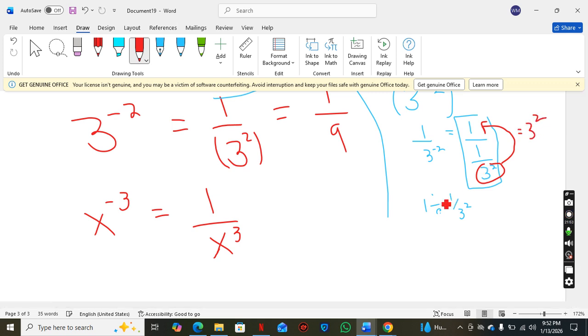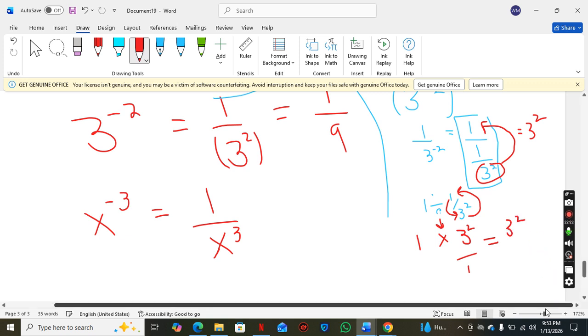If you divide it like a fraction, remember when you're dividing fractions, the sign changes from division to multiplication. And when the sign changes from division to multiplication, the denominator comes on top and the numerator comes down. So the same as 1 times 3 squared over 1, which will give you 3 squared. Okay, colleagues?